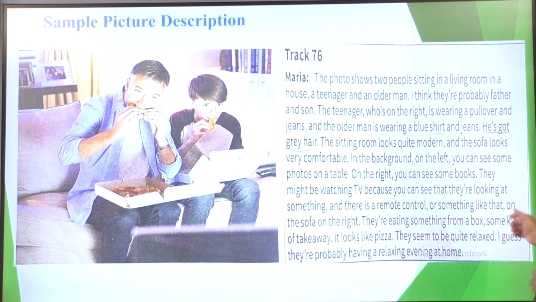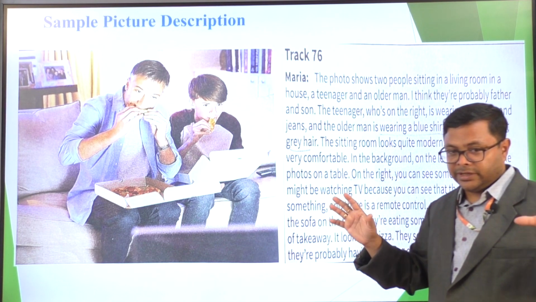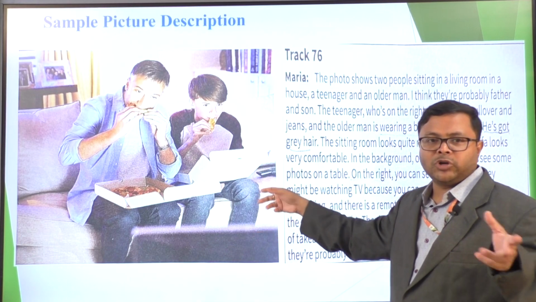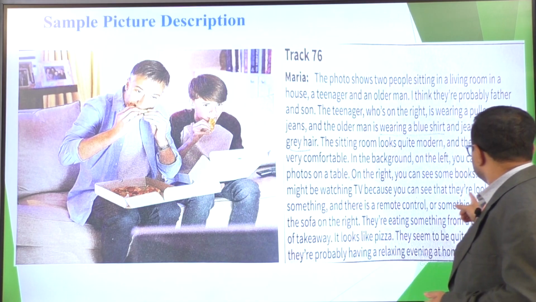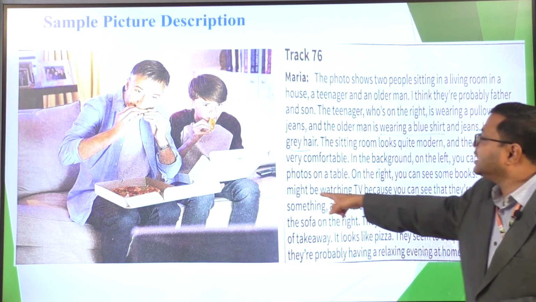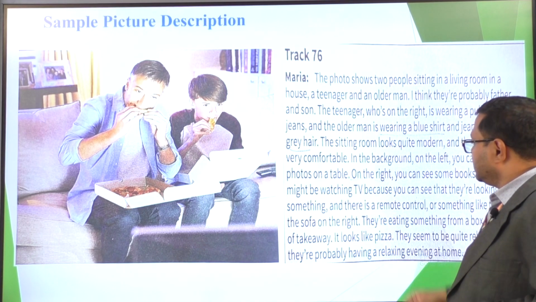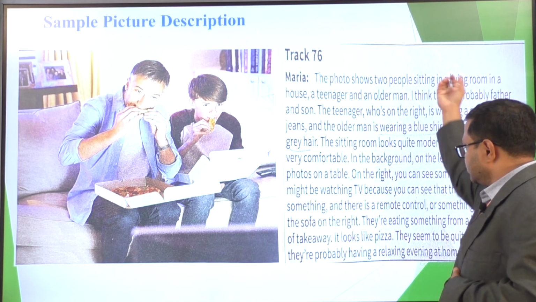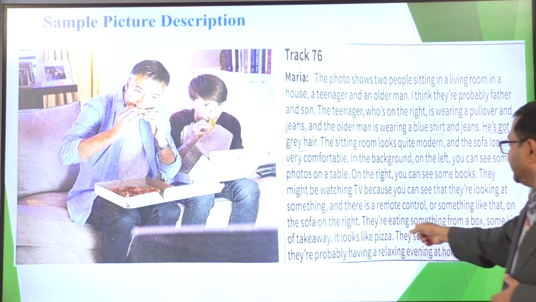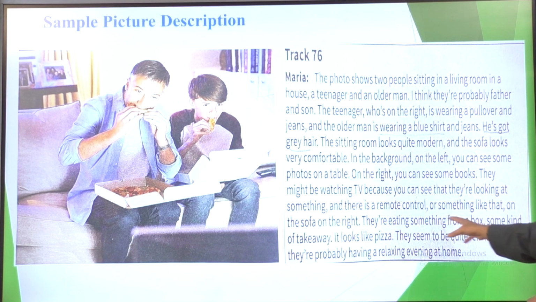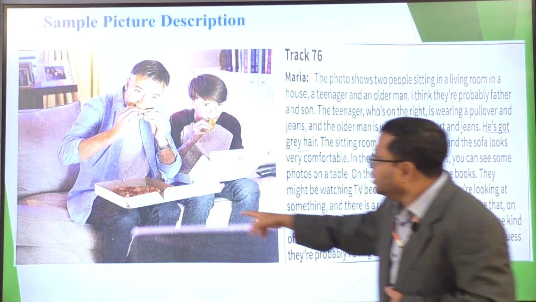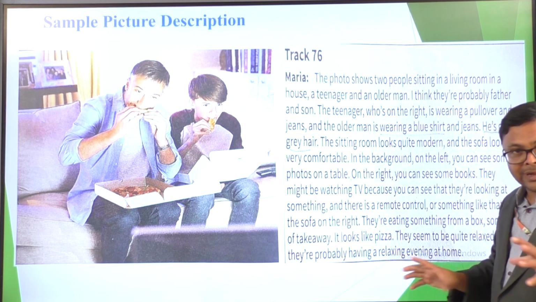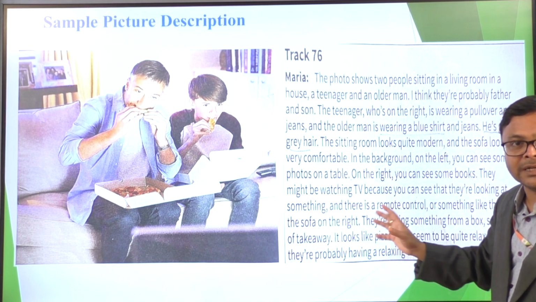So something like that maybe, but since you are not sure whether it is a TV or laptop or anything, therefore you have to use these types of phrases, might be watching TV. Okay, and you have to prove accordingly that it is a TV. So they are eating something from a box, though from here it looks like a pizza, but do not try to say it is a pizza directly.